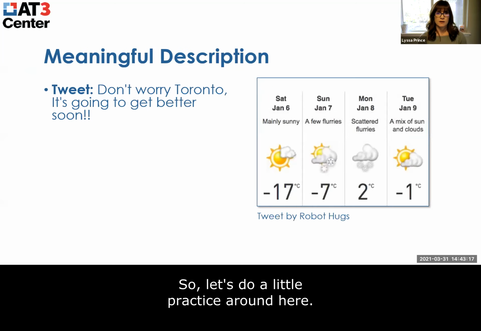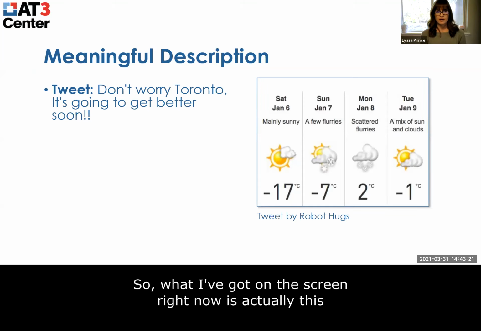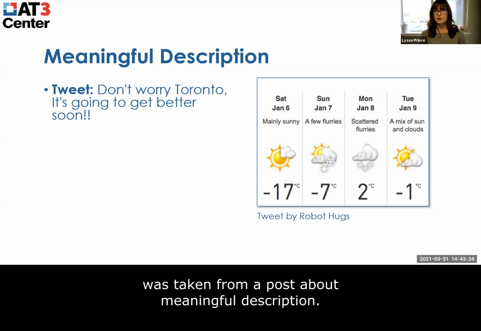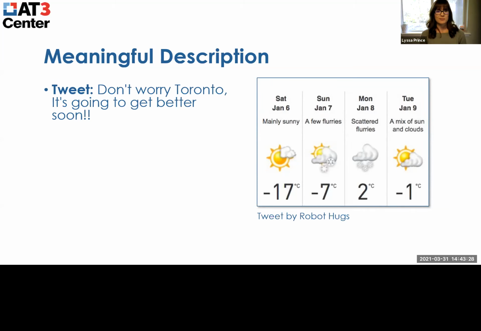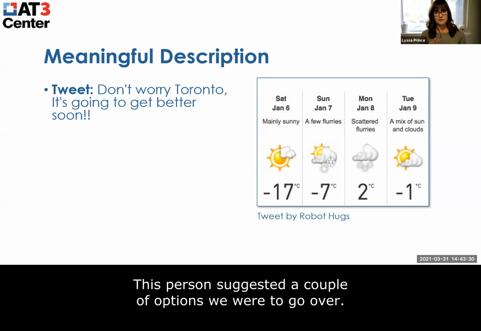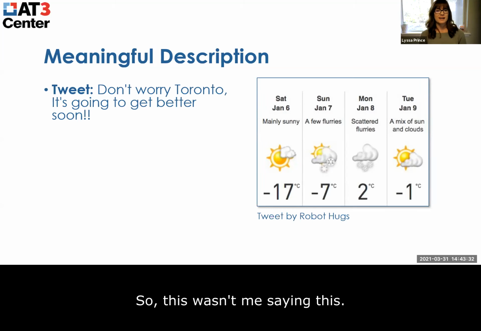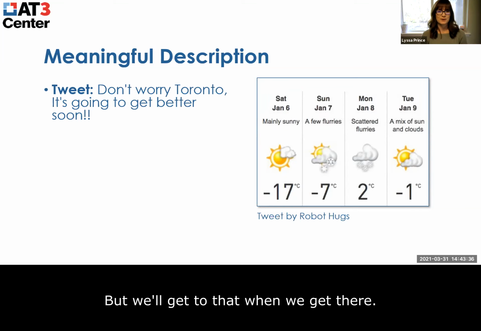All right, so let's do a little practice around here. What I've got on the screen right now was taken from a post about a meaningful description. This person suggested a couple of options, which we'll go over. So this wasn't me saying this, but we'll get to that when we get there.